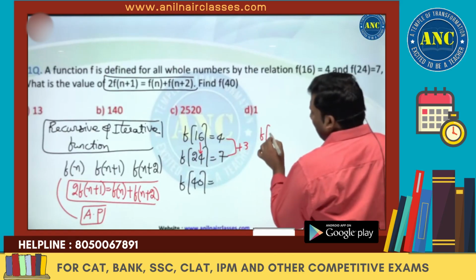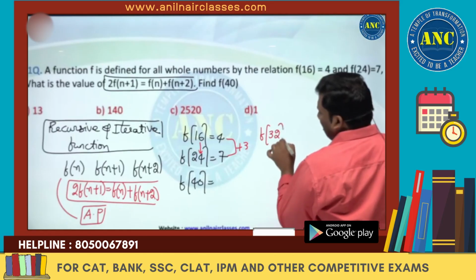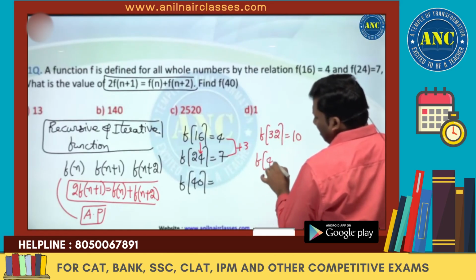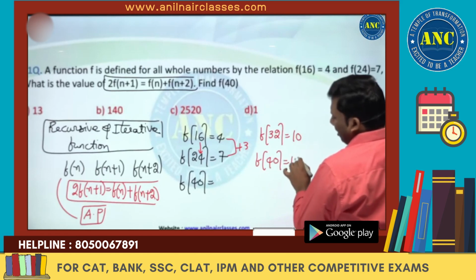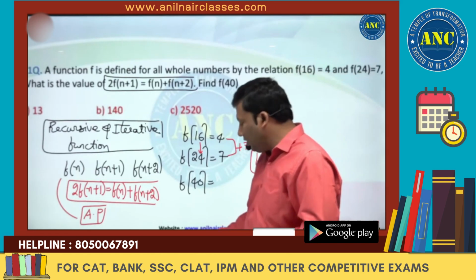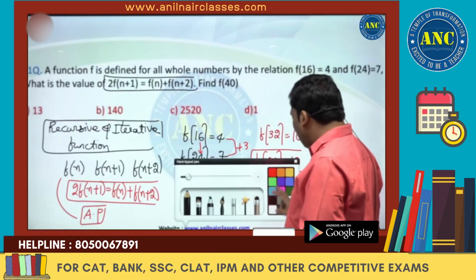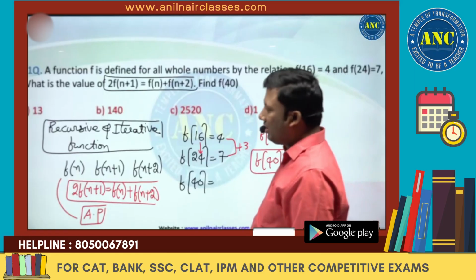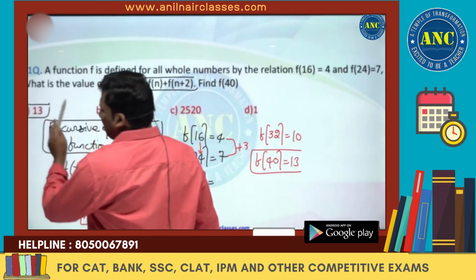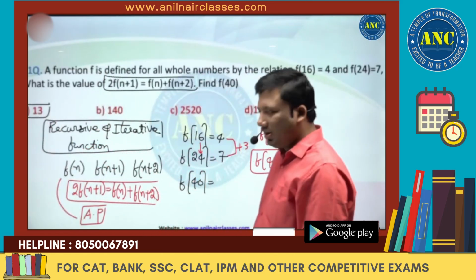Again the argument is increased by 8, this increased by 3. F of 40 is equivalent to 13. Pure observation, we will get the answer. Answer for this question is 13.